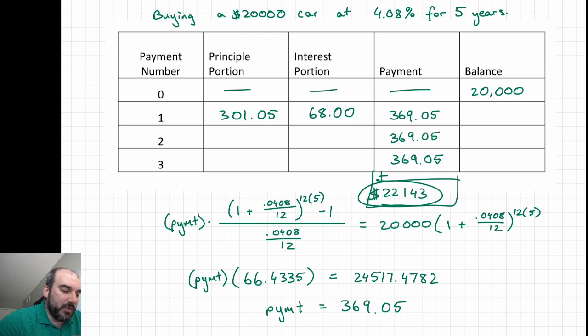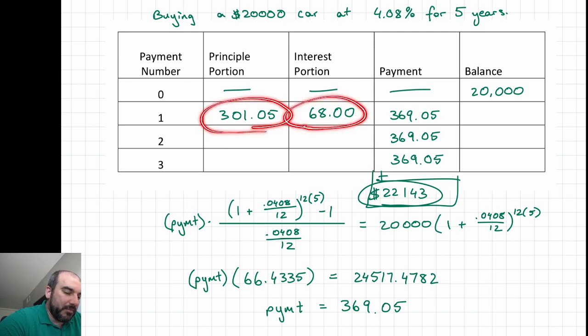The little picture, what's happening from 1 month to the next, is your payments are going to stay constant for the whole 5 years. You're going to pay $369.05 every month for the whole 5 years. What's happening is they actually kind of front load the interest. So of this $369.05 monthly payment that you're making, $301.05 is actually going towards the $20,000 you borrowed, and $68 is going straight to the bank as extra money that you have to pay because you borrowed the money, right?